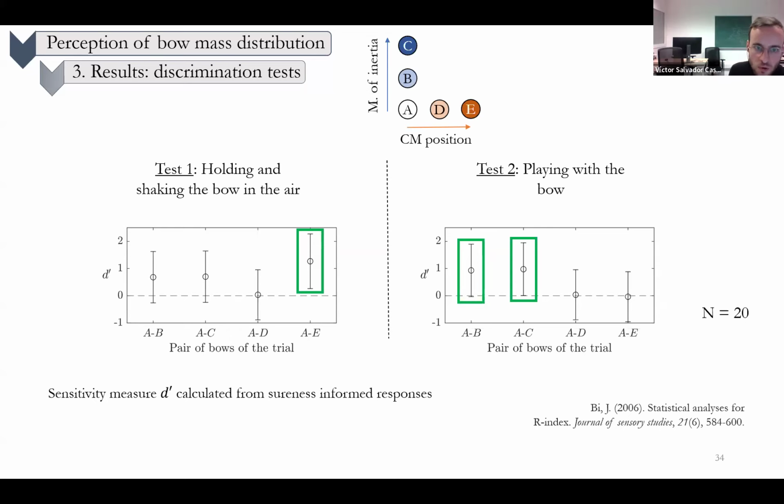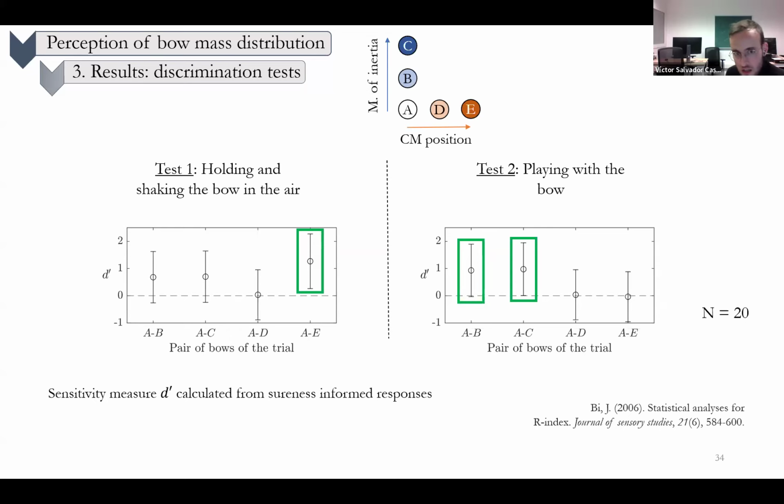But for the bows with variation in the position of the center of mass, we see that when they hold it horizontally, a little variation for bows A and D did not seem to be perceived, but we can say that the bow with a big variation in the center of mass position was significantly perceived as different. So that was for the first test.